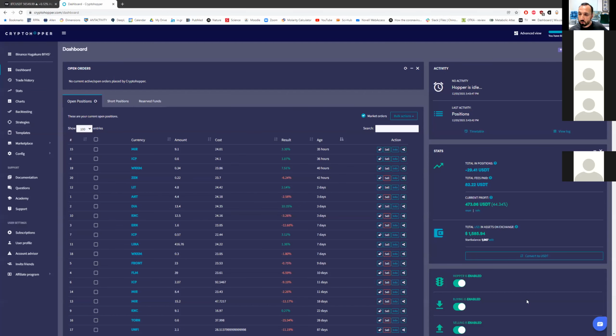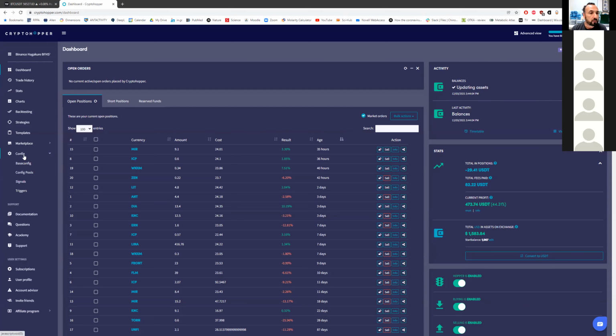Now I would like to show you how you can use 250 coins with an Adventurer subscription, or 30 coins with an Explorer subscription. You can do this through the triggers.